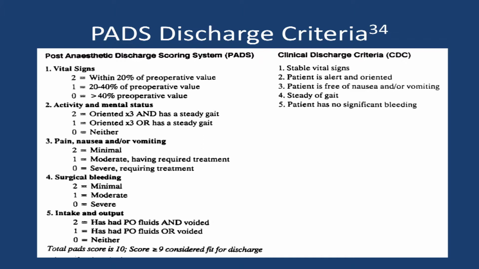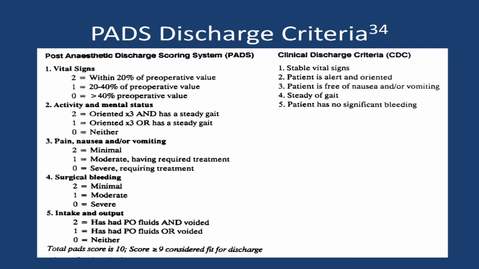If they have pain, nausea, and/or vomiting, if it's minimal, you get a 2. If it's moderate, then you give the patient a 1. If it's moderate and they've had some nausea and vomiting, you may wish to provide them some anti-nausea medication.